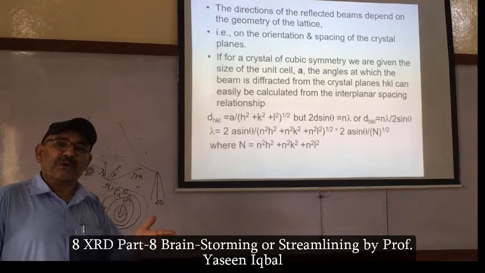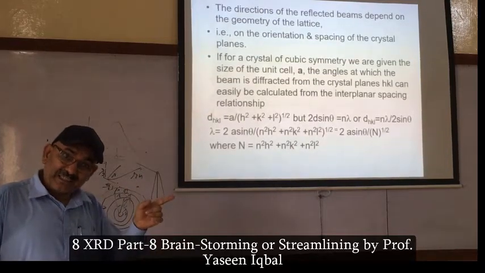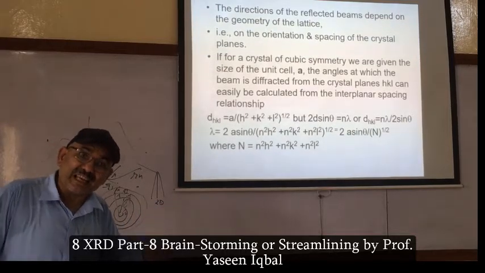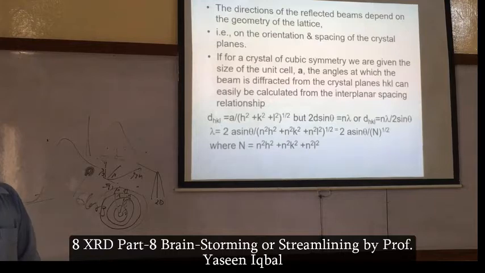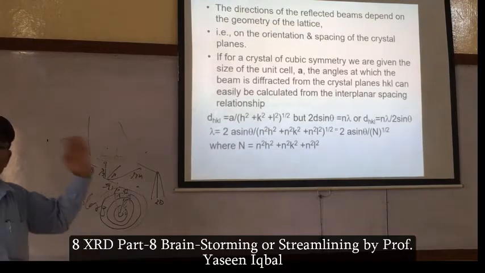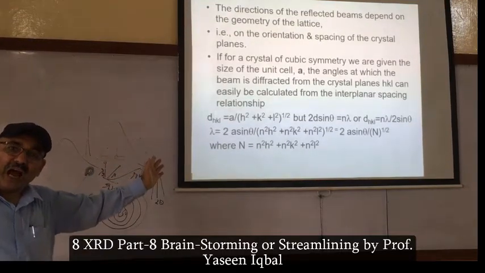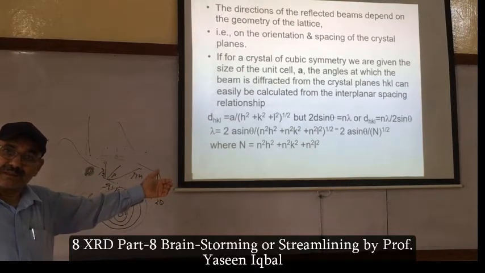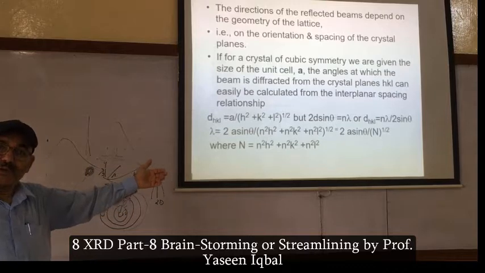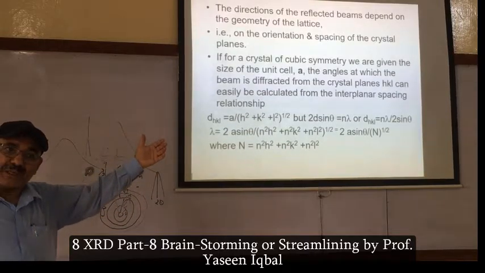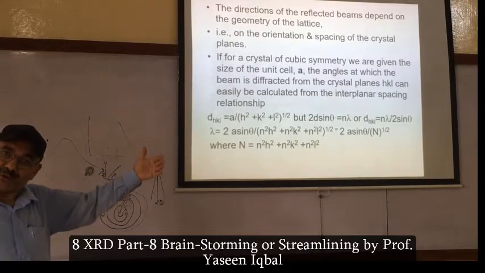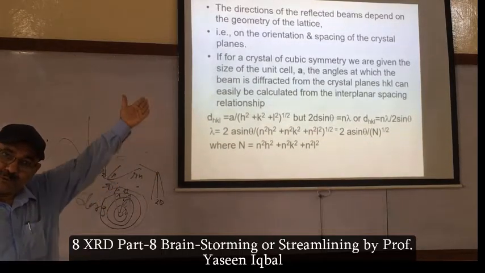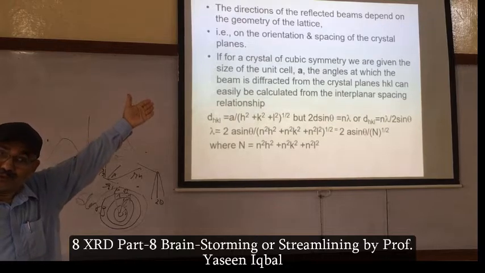We are moving a little bit forward now. D is not a simple D now. D is DHKL, and HKL are the Miller indices of that plane, about whose spacing we are talking. So now the parallel planes will be 100, 200, 300, 400, 500.